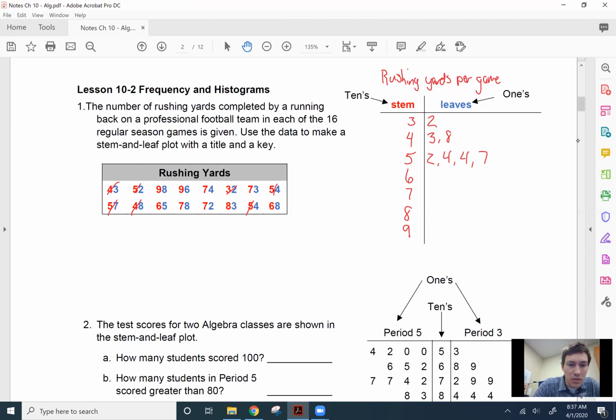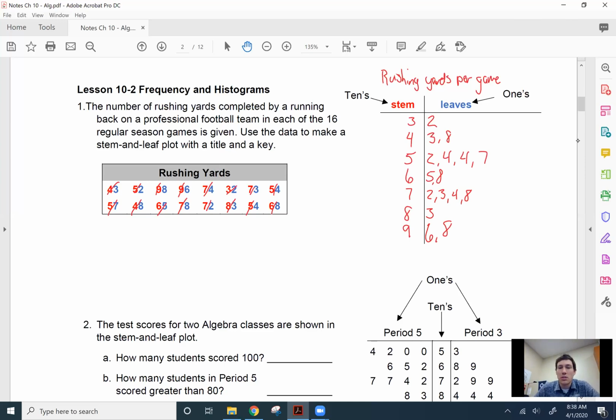He had one 65-yard game and a 68-yard game. And that's it for 60s. Now look at 70s. Had a 72, 4, 8. Oh, and a 3. So 2, 3, 4, 8. And in the 80s, he had one 83-yard game, and then a 96 and a 98.